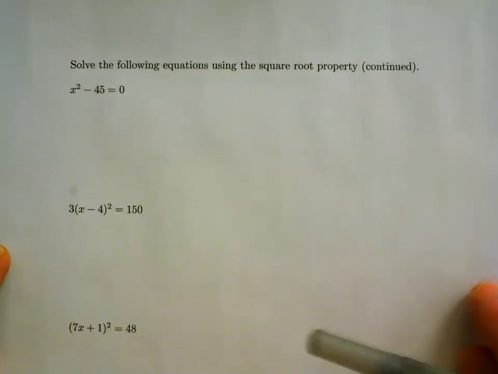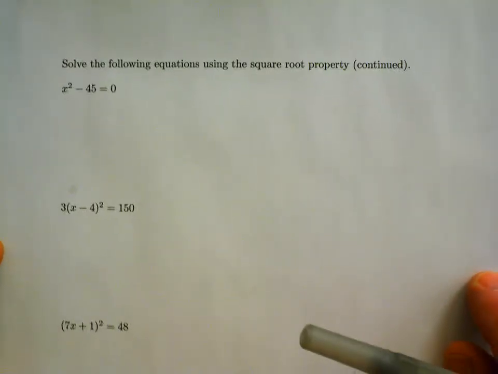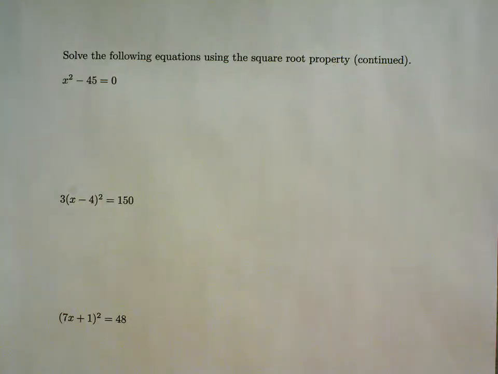So this is a little bit different. Solve the following equations using the square root property. X squared minus 45 equals 0. This one doesn't appear to be ready to apply the square root property.